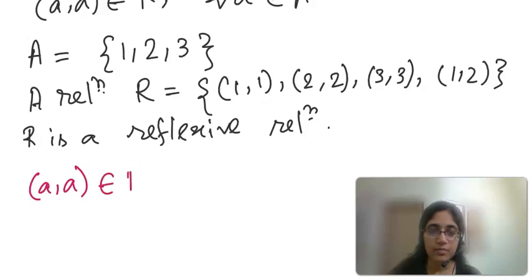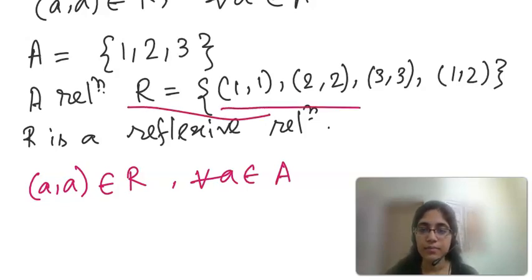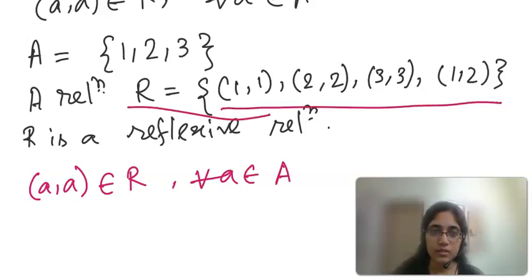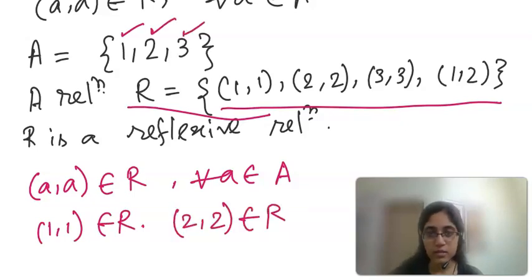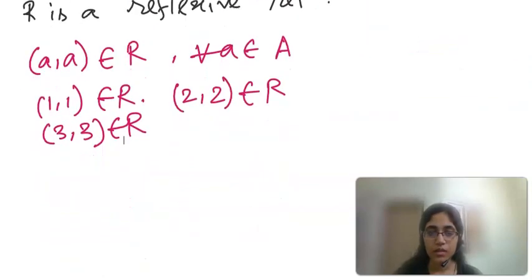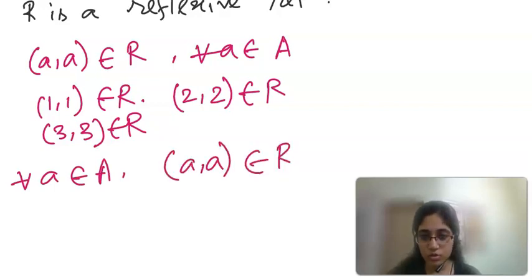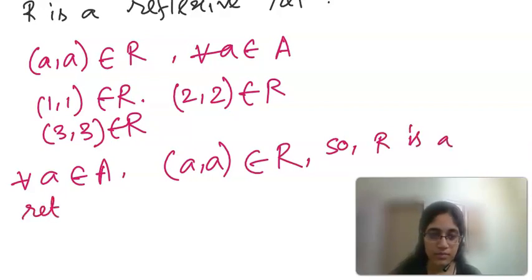That (a, a) must belong to R for all a belongs to A. In this example, you observe that 1 belongs to A, so (1, 1) belongs to R, and 2, (2, 2) belongs to R, and 3 belongs to A, (3, 3) belongs to R. Since for all elements in A, the ordered pair (a, a) belongs to R, so R is a reflexive relation.